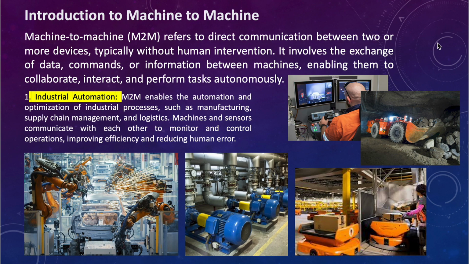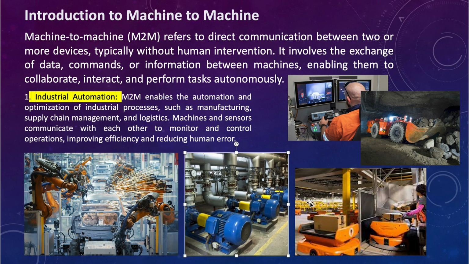This is an example where human interaction is there, and we have the joysticks and everything, and this machine is talking to a machine inside the mine through a network. Everything would work through a network.